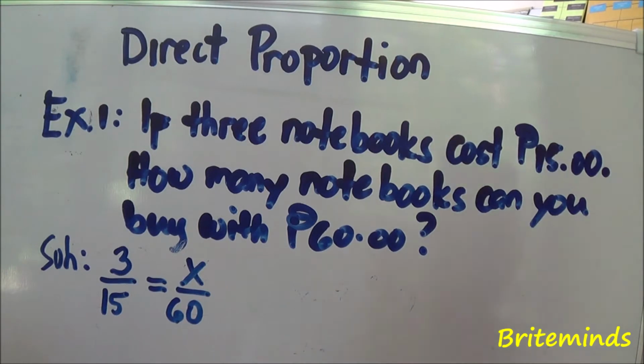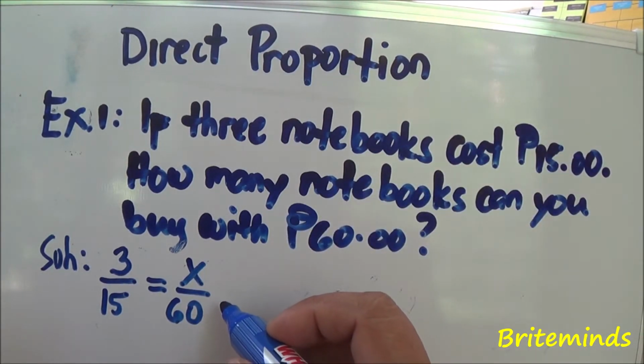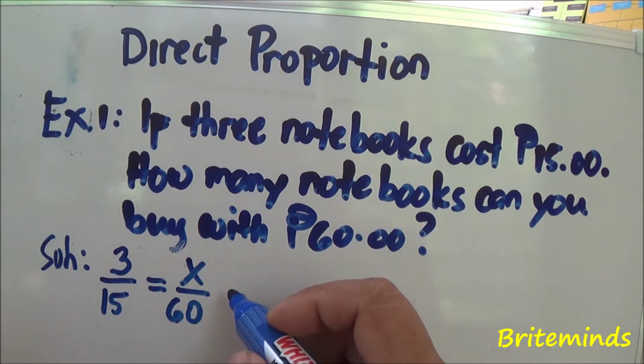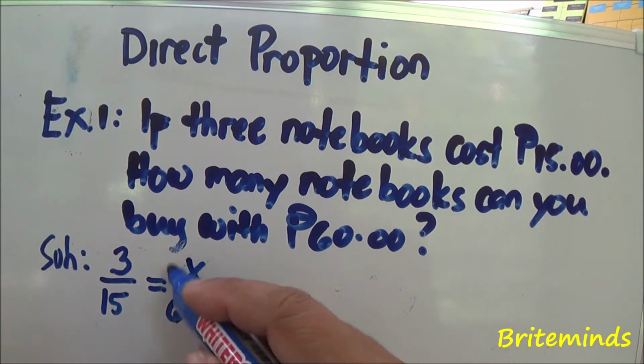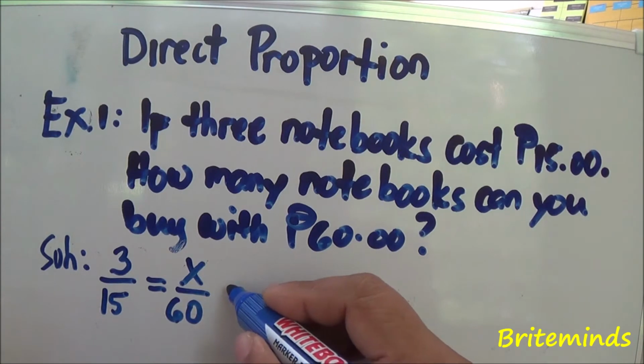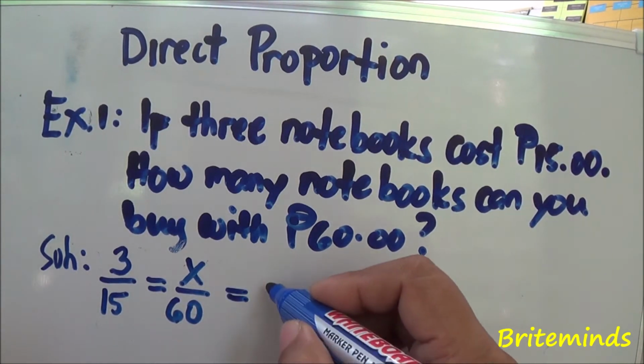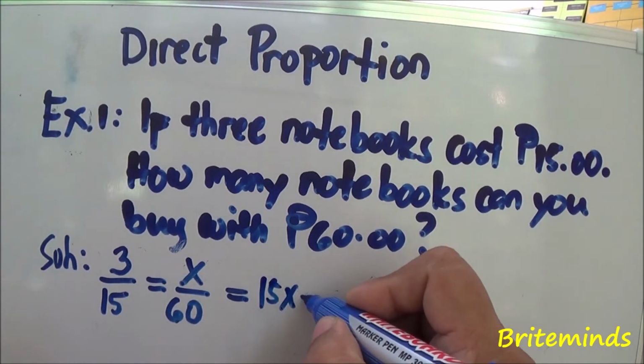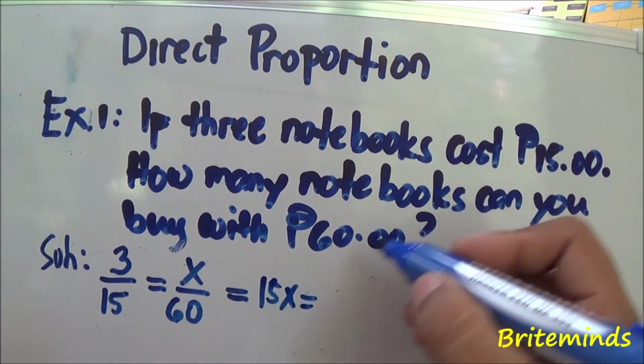The next step is to perform cross multiplication to find the number of notebooks. So x times 15, then 3 times 60.